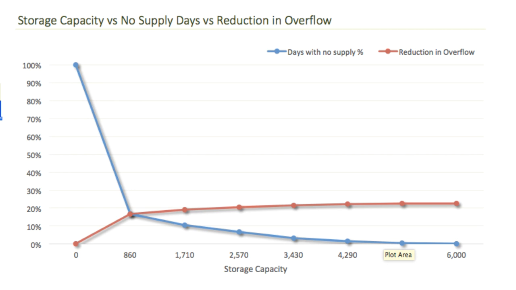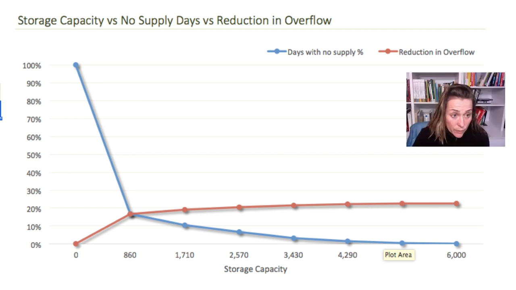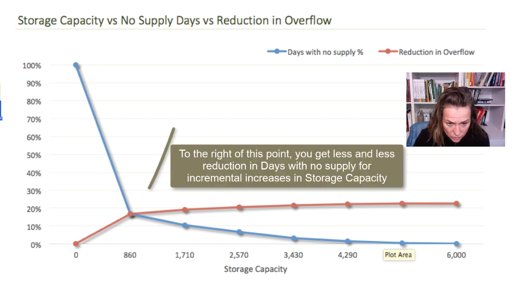And Peter and I have already talked about how important and insightful this graph is. You'll see the blue line is the percentage of days with no supply, and the red line is the reduction in overflow. So the same nonlinear curve, and you can see you hit a point of diminishing returns.